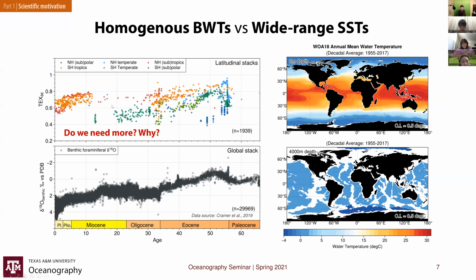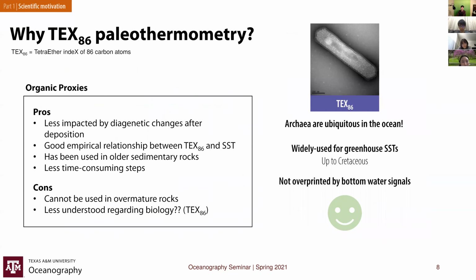Let me introduce a little bit about the proxy I will use, which is TEX86. So what is TEX86 and why did I choose it? I will start with the why first. TEX86 is an organic proxy that we use to reconstruct the sea surface temperature over several million years in the geological past.